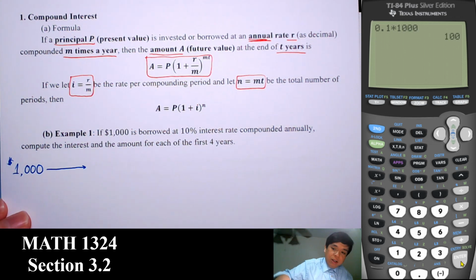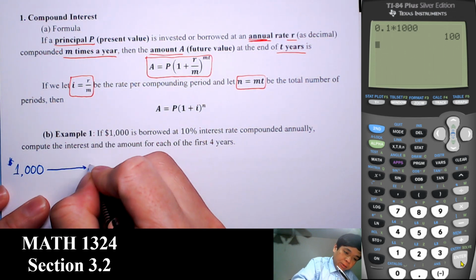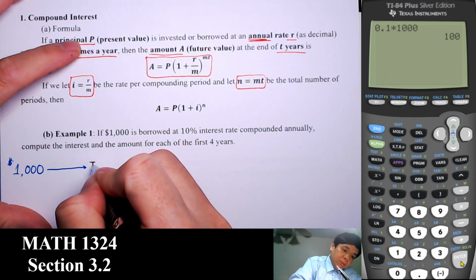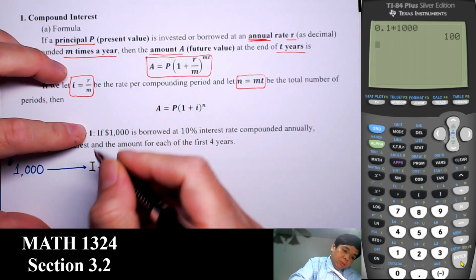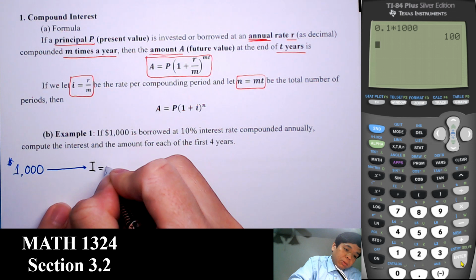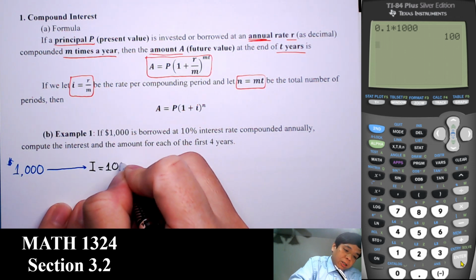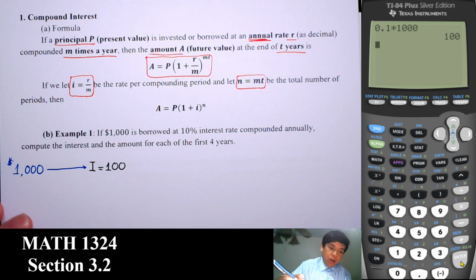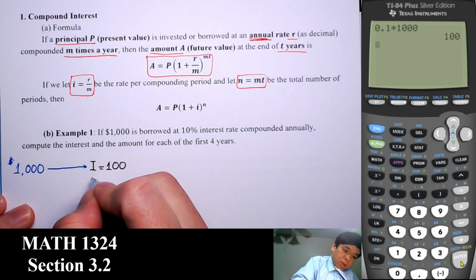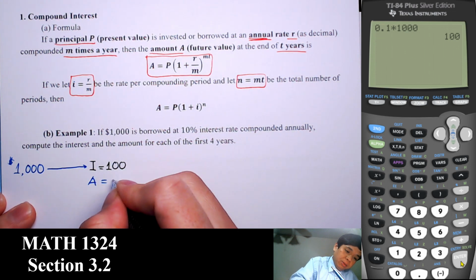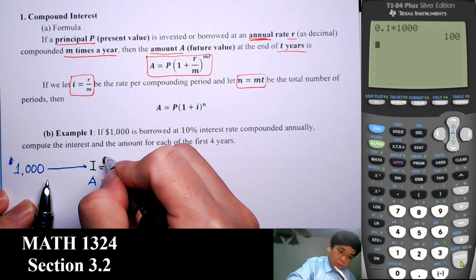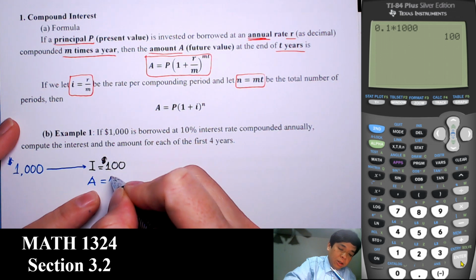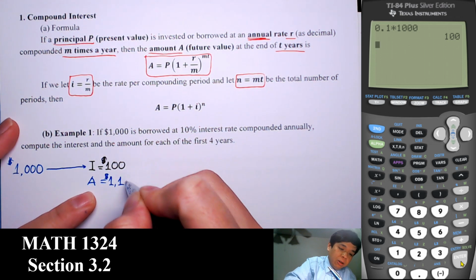So after 1 year, the interest is going to be $100, and originally it is 1,000, so the amount is going to be that plus the interest. The amount will be 1,100.